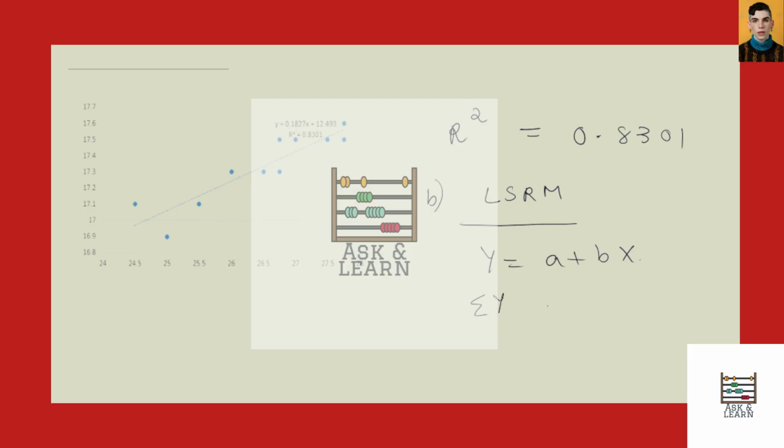Summation y equals na plus b summation over x, and summation over xy equals a summation over x plus b summation over x square. The residual plot shows the residuals on the vertical axis and the independent variable on the x-axis. If points are randomly dispersed, then linear regression is appropriate, otherwise linear regression is not appropriate.